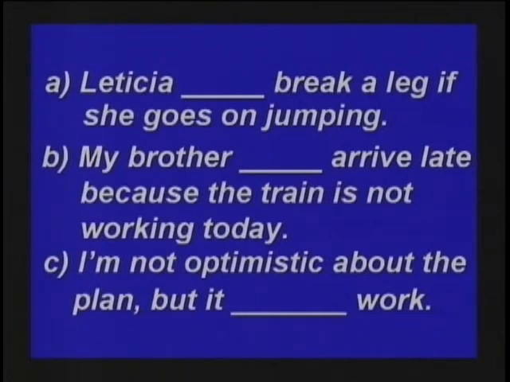I repeat. Item A. Leticia, blank, break a leg if she goes on jumping. Item B. My brother, blank, arrived late because the train is not working today. And item C. I'm not optimistic about the plan, but it, blank, work.